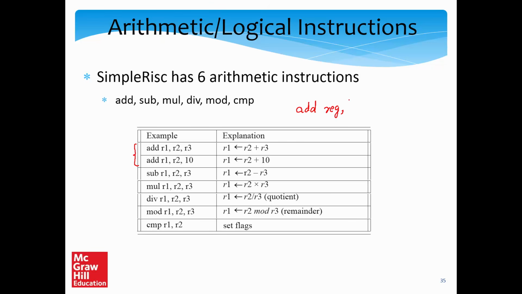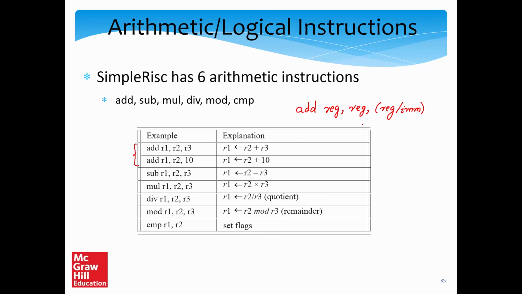The second operand, which is actually the first source operand, has to be a register. The third operand can either be a register or an immediate. So that is a constraint also on the third operand, which can either be a register or an immediate.